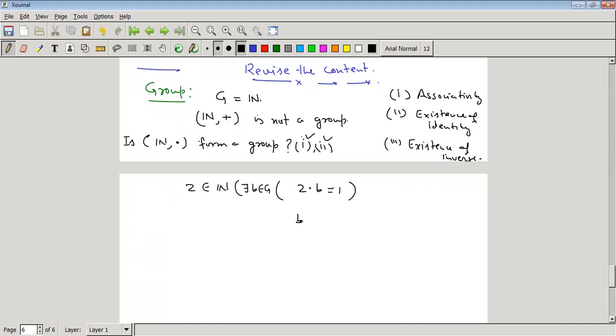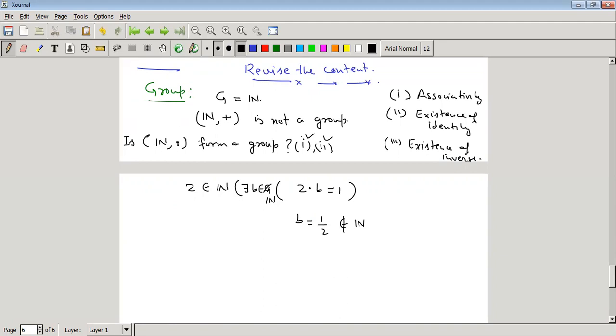Can you find B? B is 1 by 2, right? Does this belong to the natural numbers? Here G is the set of natural numbers. No, 1 by 2 does not belong to it.